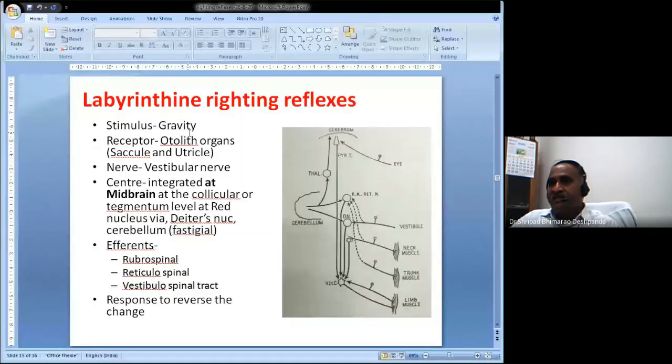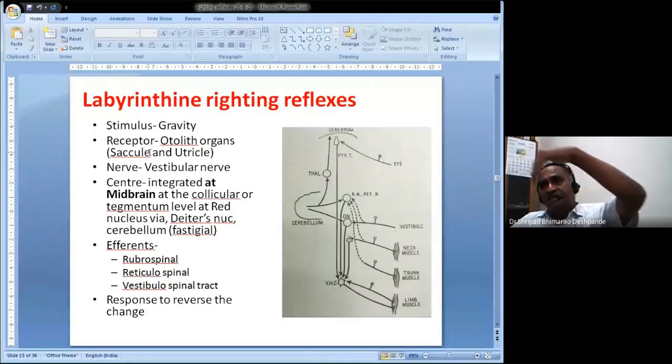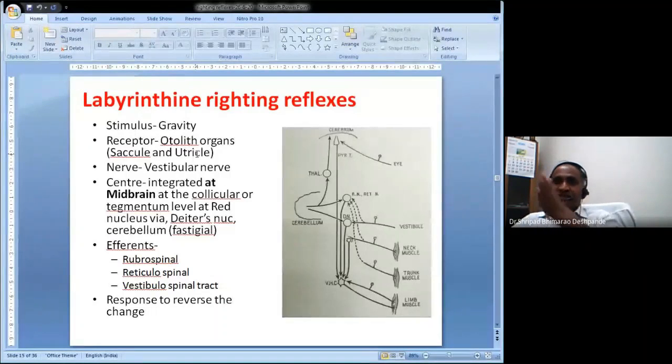Especially when it is gravity, it is the saccule, because the saccule orientation is slightly in a vertical direction, so any change in gravity would be picked up by these otoconia. The utricle is placed horizontally, so it detects linear acceleration, linear movement. The angular motion is detected by the semicircular canals.